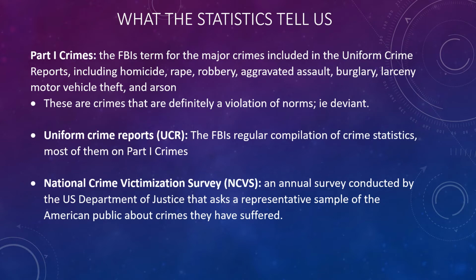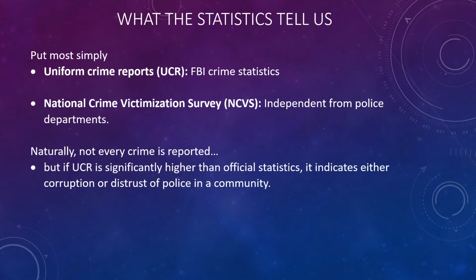The Uniform Crime Report, then, is the FBI's regular compilation of crime statistics, and for the most part, the UCR are Part 1 crimes. The National Crime Victims Survey, then, is an annual survey conducted by the U.S. Department of Justice, and it asks a representative sample of the American public about crimes that they personally have suffered.